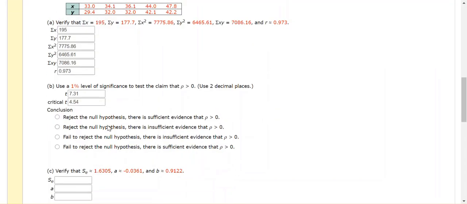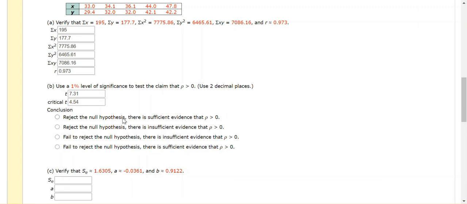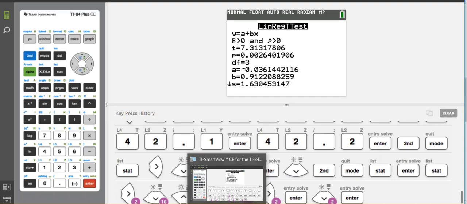Okay, so what's the conclusion I'm supposed to make? Well, I'm going to do it the traditional method, and I'm going to compare the p-value, 0.0026, with the alpha that I was given.